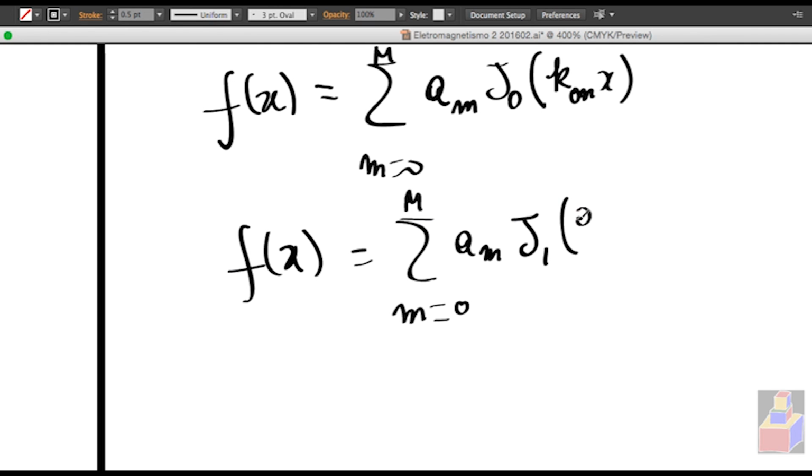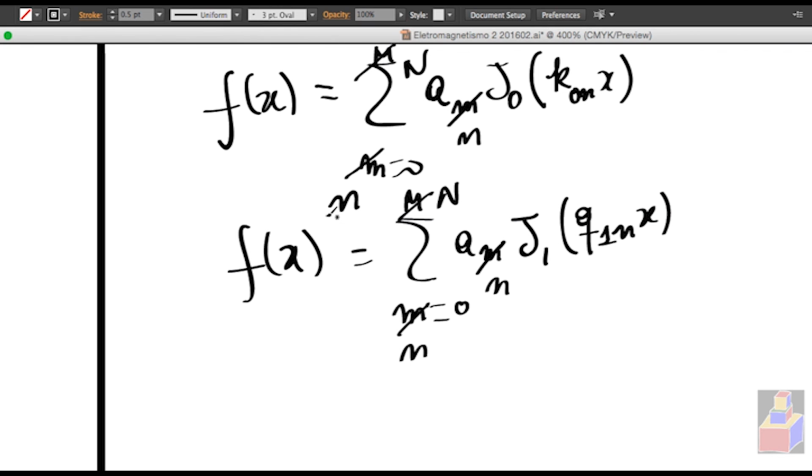Let's say q_1n, because the roots of the Bessel function are indexed by n, and I'm sorry, this is supposed to be n. All of this is n. Sorry about that. J1 of q_1n x. So we can expand with two different Bessel functions. In this case there's one set of roots, and in this case there's an entirely different set of roots. We have to find a way to do that.